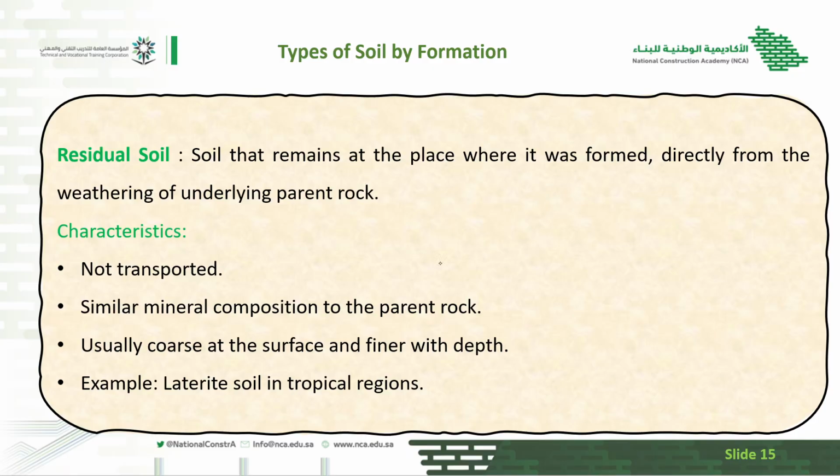Now there are some types of soil formations. The first one is residual soil: the soil that remains at the place where it was formed, directly from the weathering of the underlying parent rock. What does this mean? This is the rock. Weathering happens, and due to the weathering the rock is converted into small particles.